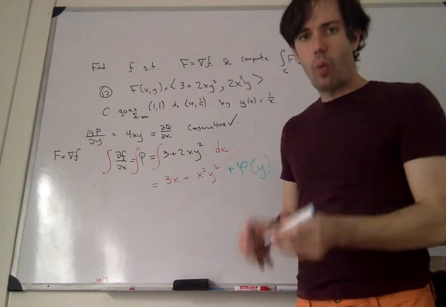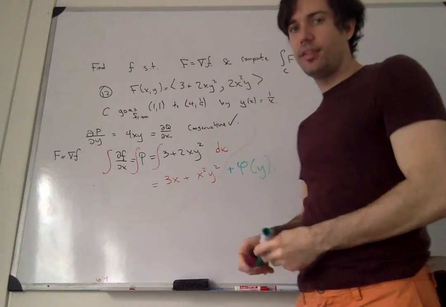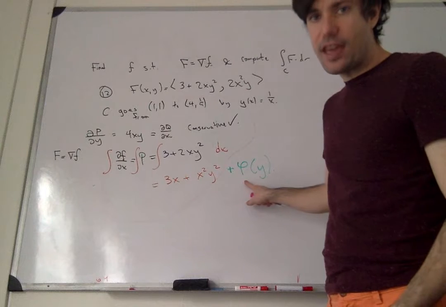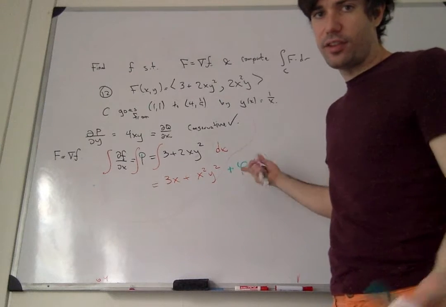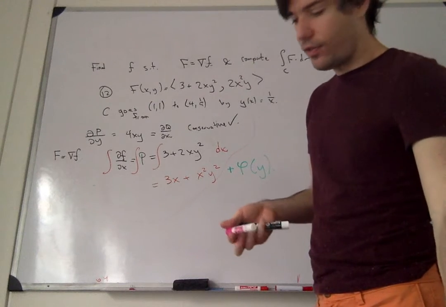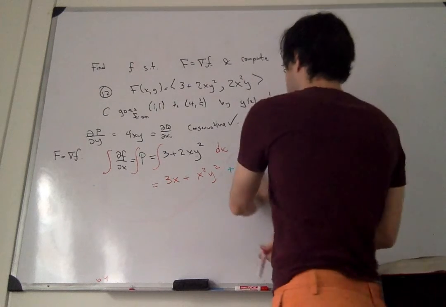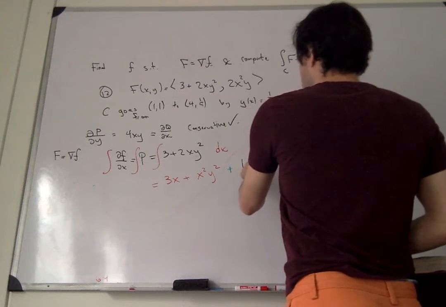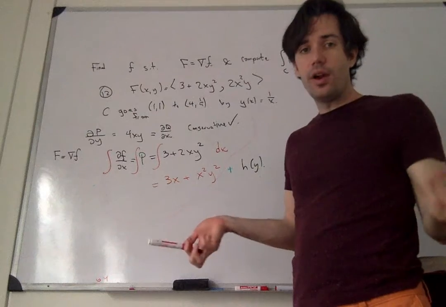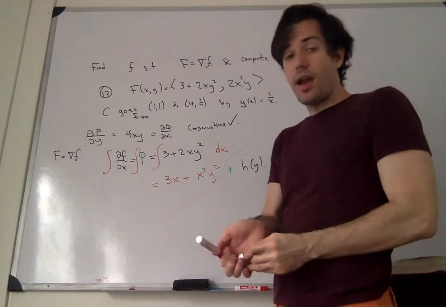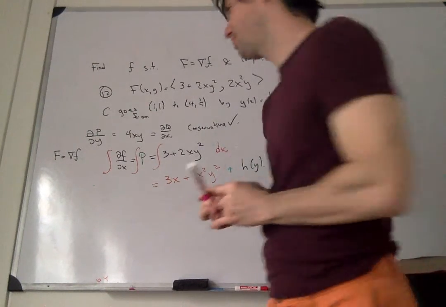Okay, so all this y stuff, I'm going to summarize it by using phi of y. Okay, so it's a function of y. Or maybe you don't like phi, we'll call it h. Okay, so this is h of y. Something, I don't know what it is, but it's something, and it might also just be a constant.